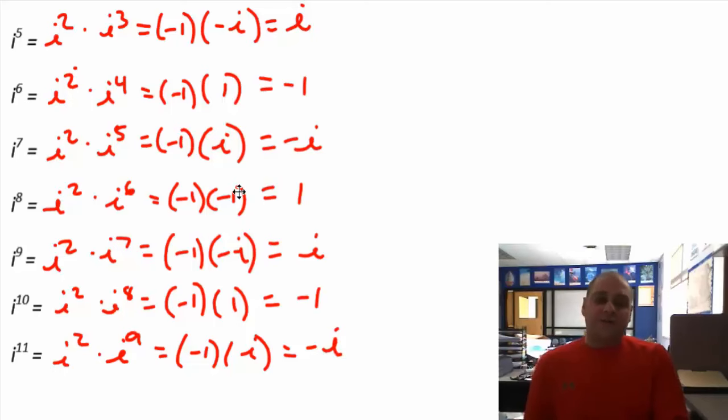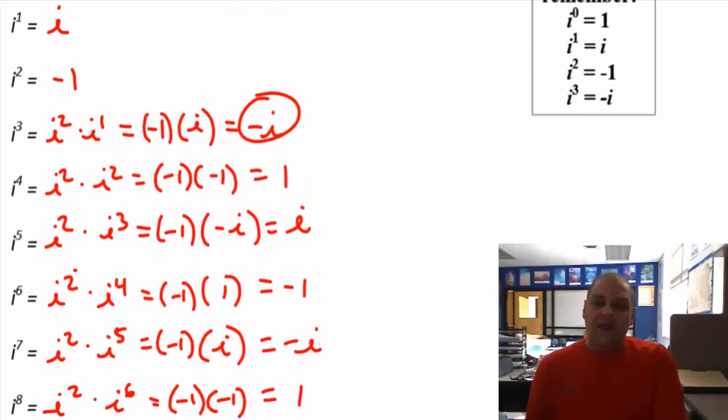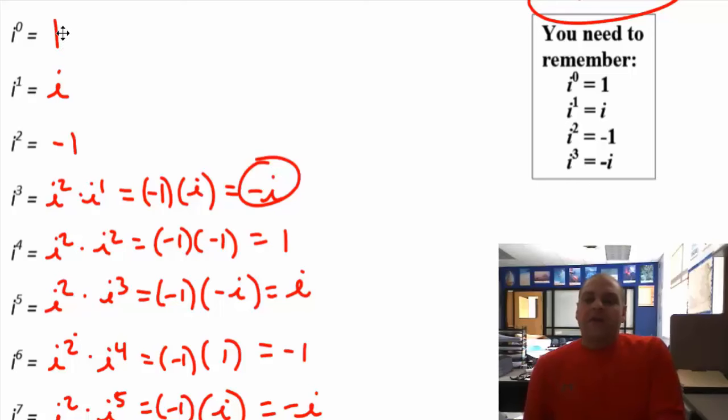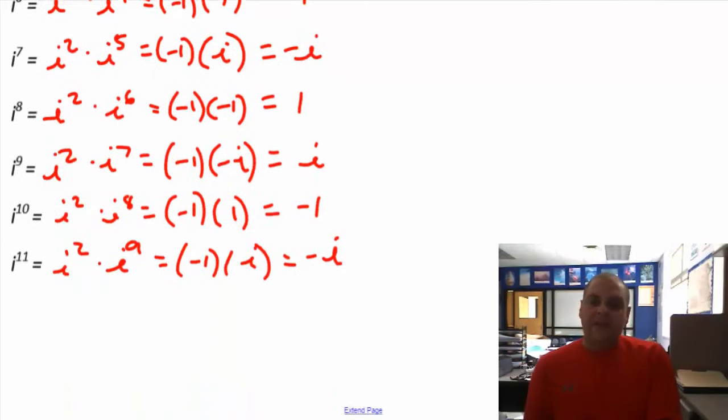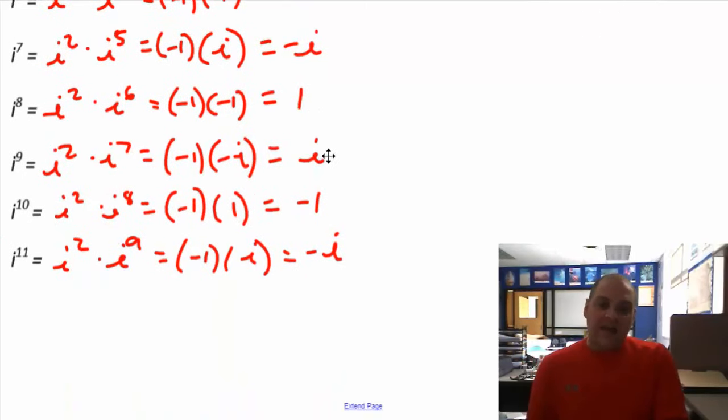So hopefully you start to see a pattern here as we go through. 1, i, negative 1, and negative i. Here, i to the fourth is 1, and then it goes i, and then negative 1, and then negative i. And then it goes 1, and then i, and then negative 1, and then negative i.